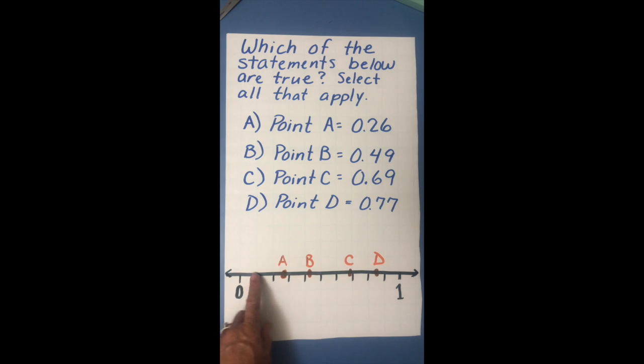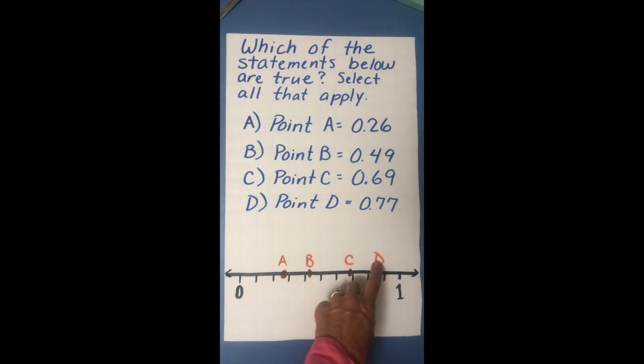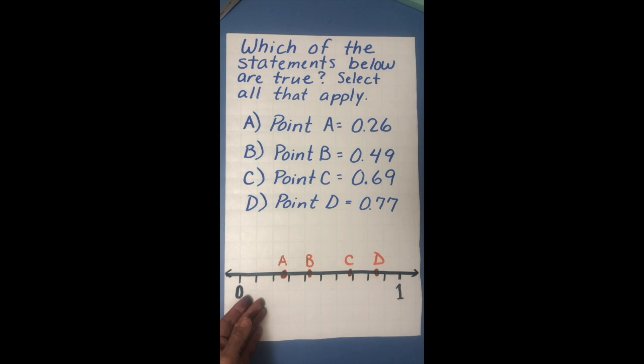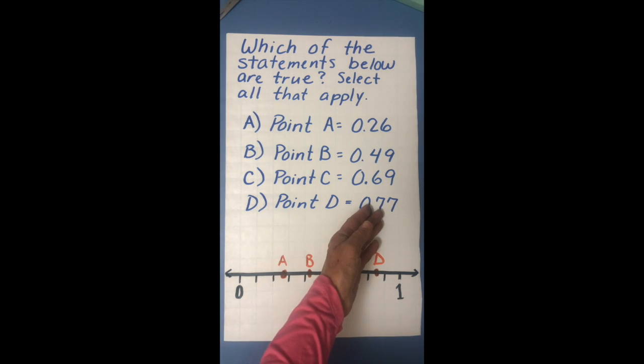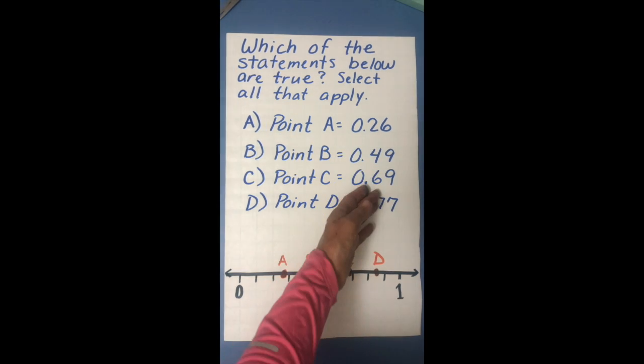So the first thing we have to do is see how many divisions we have. So I have hop 1, 2, 3, 4, 5, 6, 7, 8, 9, 10. So we divided 1 whole into 10 pieces. And this is hundredths, it looks like. All of these are in hundredths.